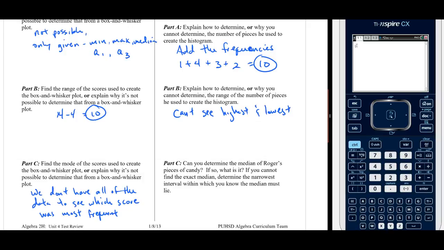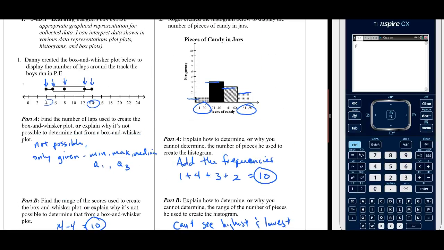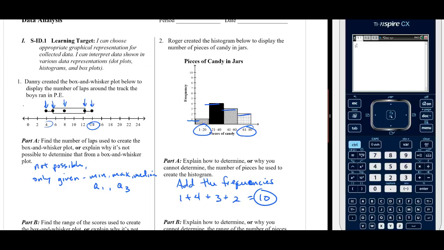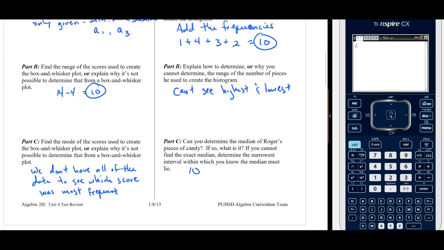Can you determine the median? We cannot determine the exact median, but we know the range. Since we know that there's 10 scores total, or 10 times that he counted the number of pieces of candy in the jar.